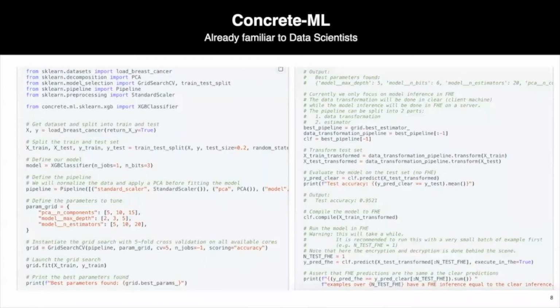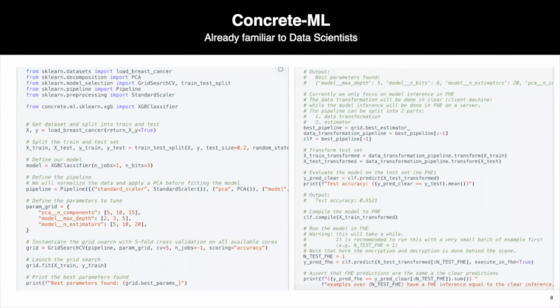Okay, then let's have a look at how it is. I told you that it was supposed to be very easy for a data scientist. So now we can check if I told the truth. Here is an example that we have directly from the documentation, and it's about the use of XGBoost for some task.